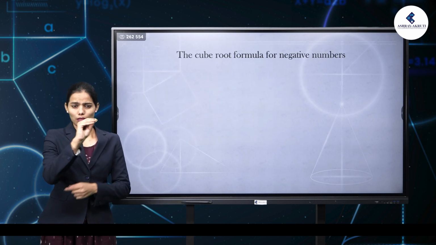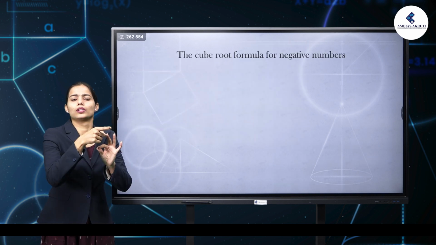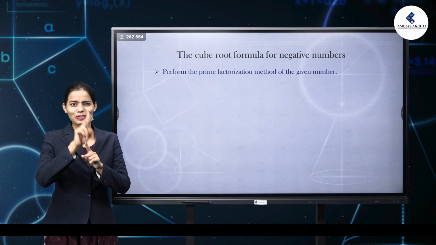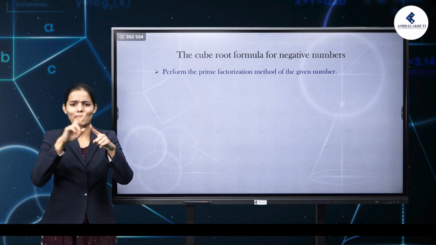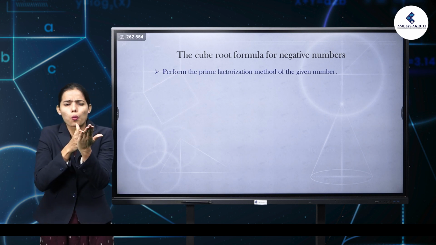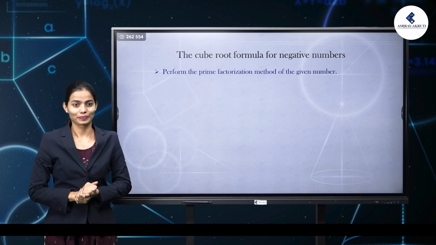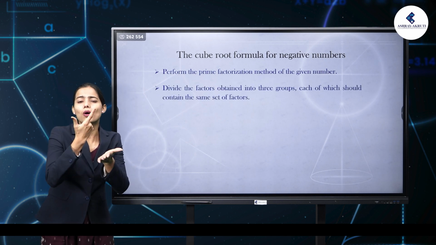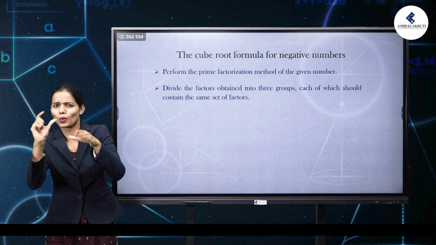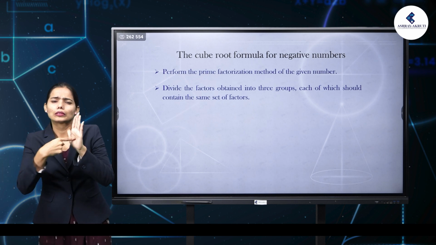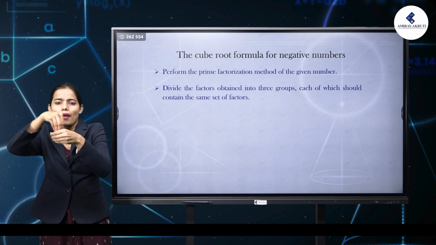The cube root formula for negative numbers is: perform the prime factorization method of the given number. Divide the factors obtained into 3 groups, each of which should contain the same set of factors.